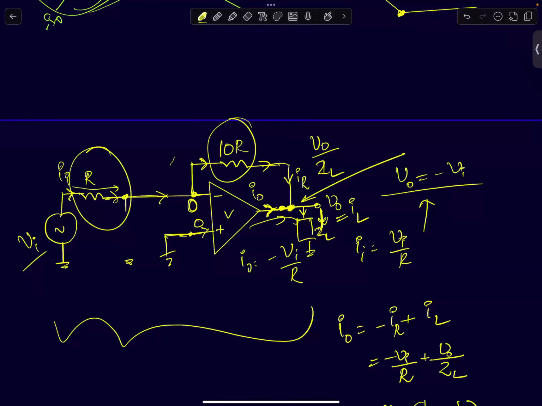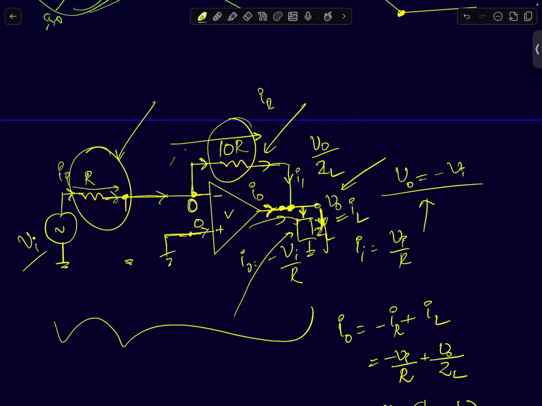This IR is only determined by the input resistance. But the load current will change because your load voltage, your V naught, has increased. Because of that, you have to now supply more current to the load resistance, and that more current will come from the opamp itself.